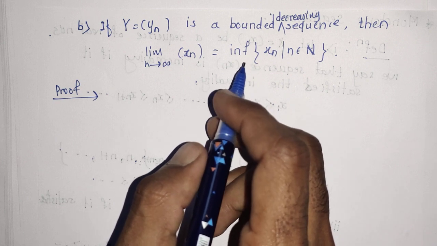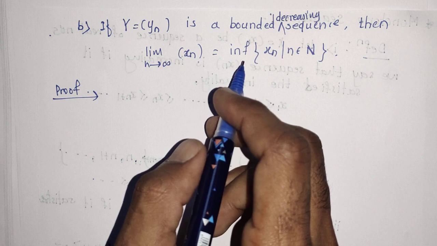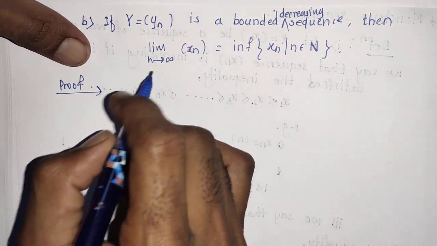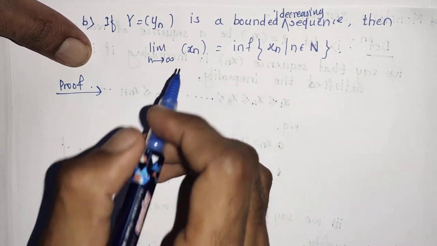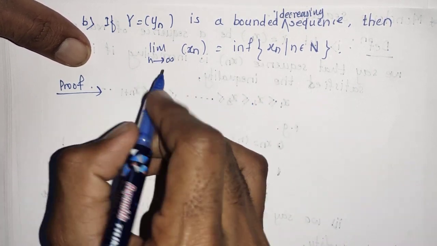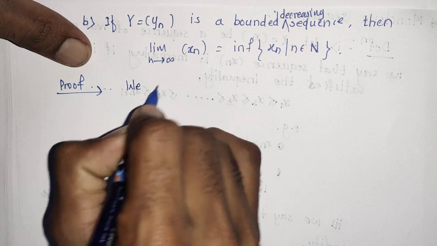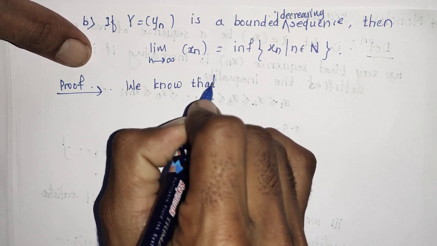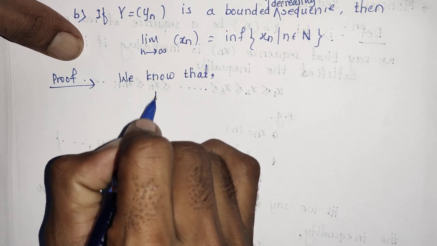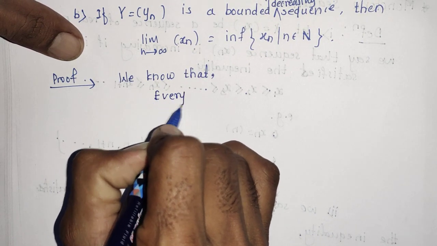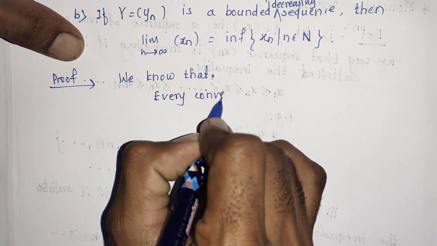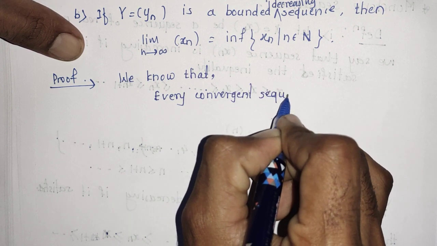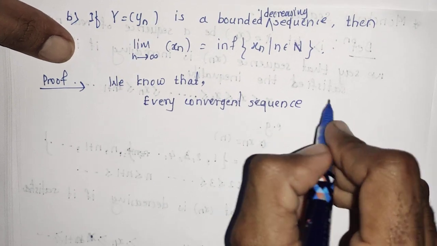In the proof, first of all we take the sequence as a convergent sequence. As we know, every convergent sequence is bounded.